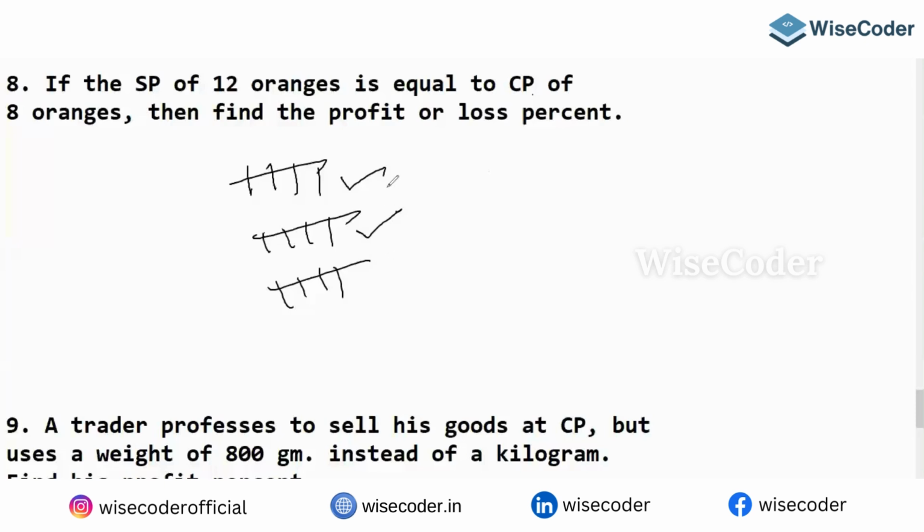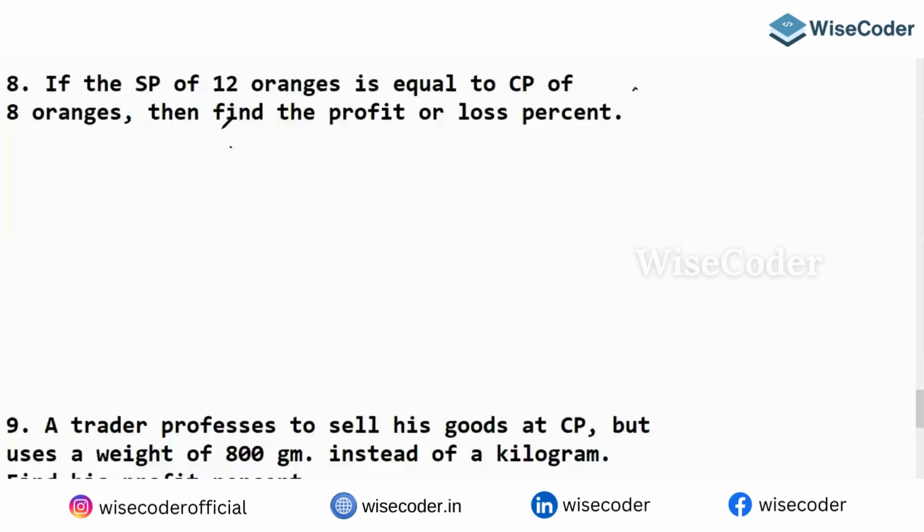So for the remaining 4 oranges, you are in loss only, no? You are selling 12, but you are getting only 8. Means you are in loss. That's it. Loss of how many? When you are in loss, your cost price should be more. The difference is the loss.